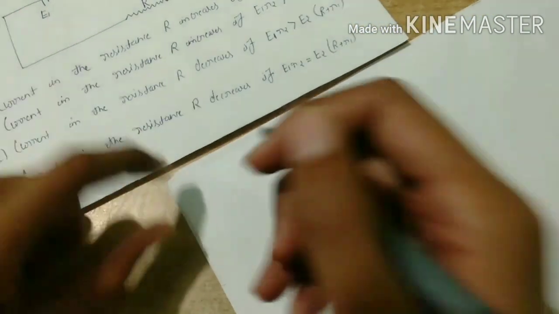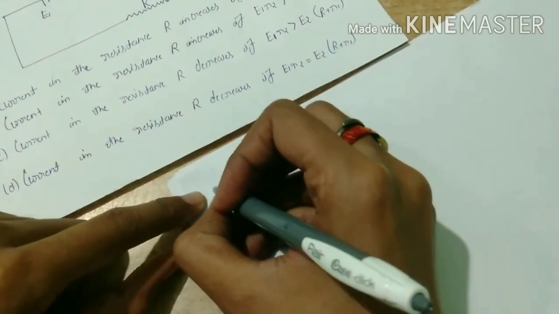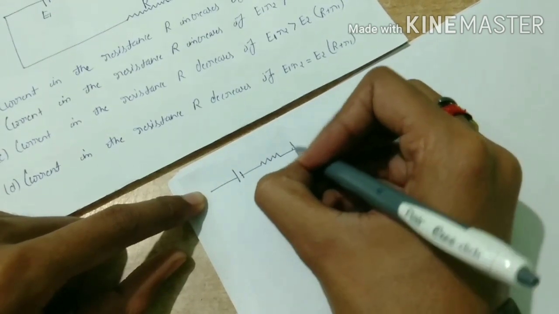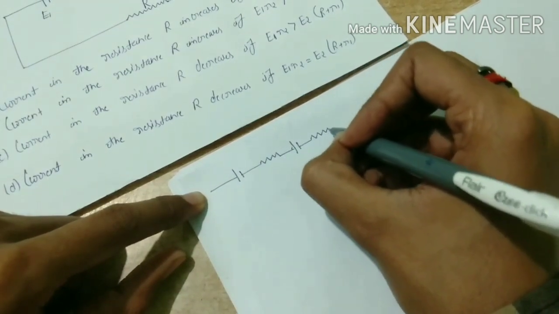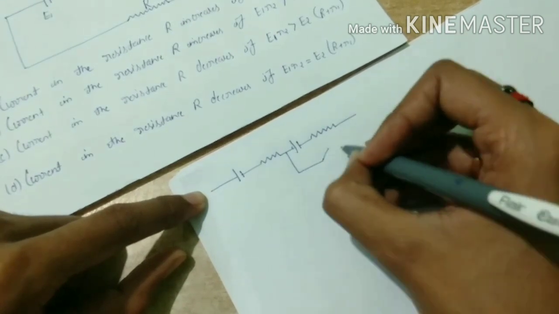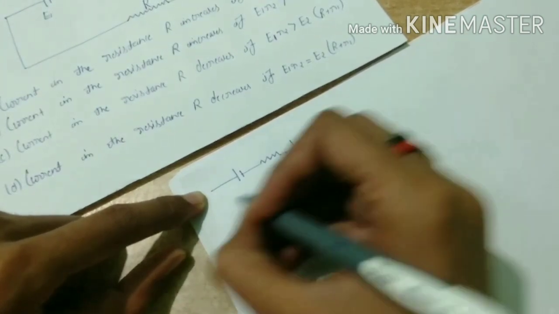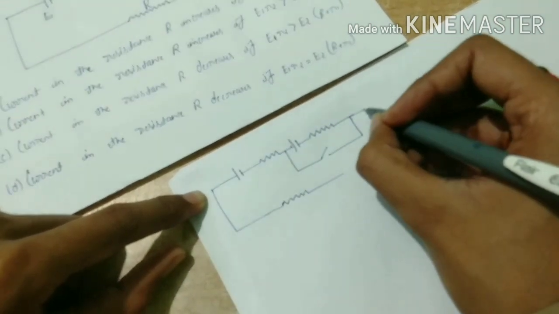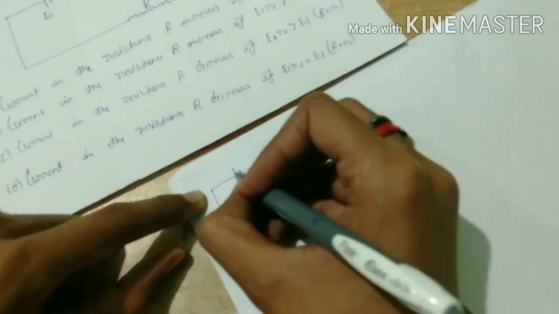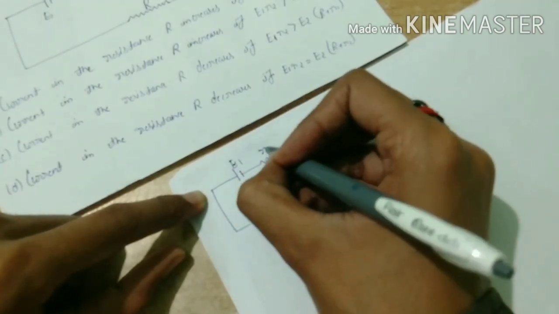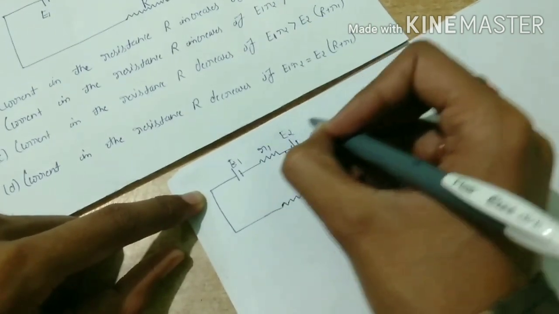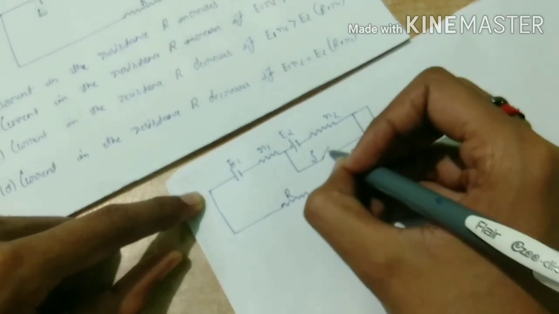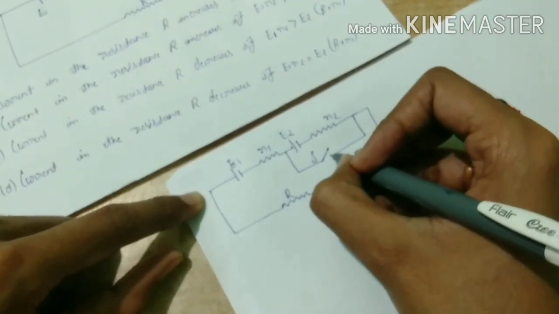First of all, we redraw the circuit here. Make sure there is no connection between them.